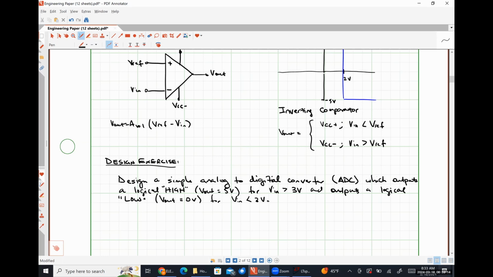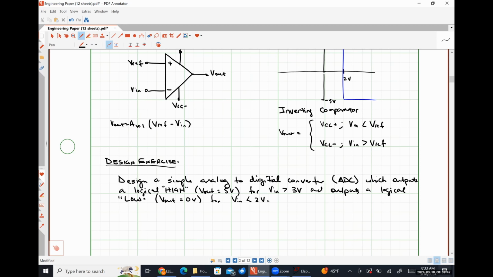So let's start. Are we going to use an inverting comparator or a non-inverting comparator? So do we want our output to be high when Vn is greater than Vref, or do we want our output to be low when Vn is greater than Vref?